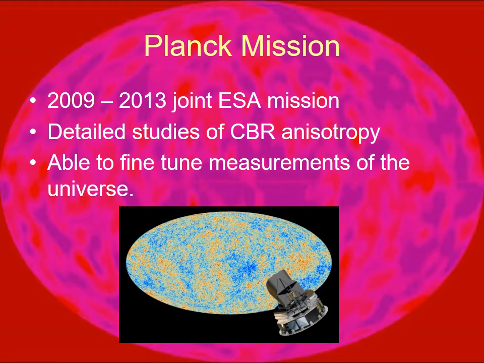However, the Planck mission, another orbital mission similar to the COBE satellite, a joint mission with the European Space Agency, also studied the Hubble constant. They were measuring the variations in bright and dark in the cosmic background radiation. Fine-tuning those measurements allowed them to measure the exact Hubble constant.